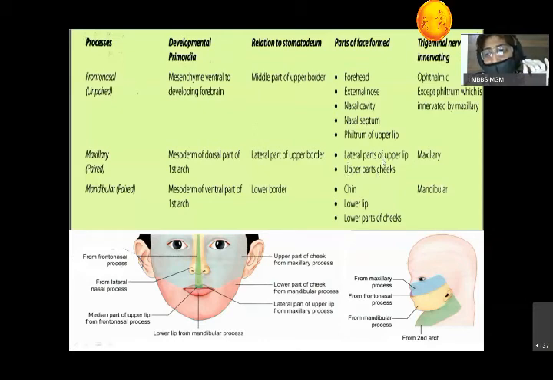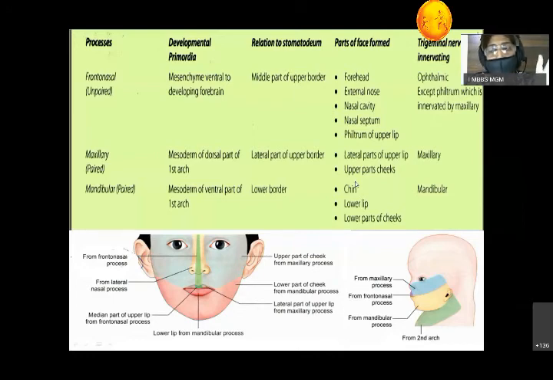And that is why those parts are supplied by the maxillary nerve. Third is mandibular process. Its parts are supplied by the mandibular nerve.